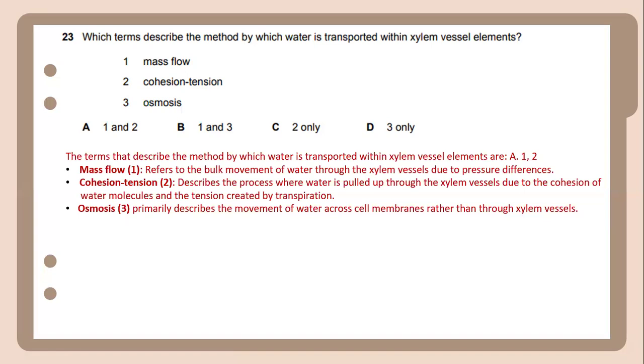And cohesion tension describes the process where water is pulled up through the xylem vessels due to the cohesion of water molecules and the tension created by transpiration. Osmosis primarily describes the movement of water across cell membranes rather than through xylem vessels.